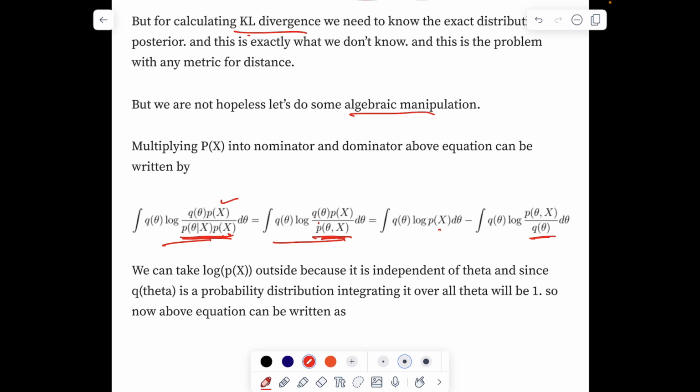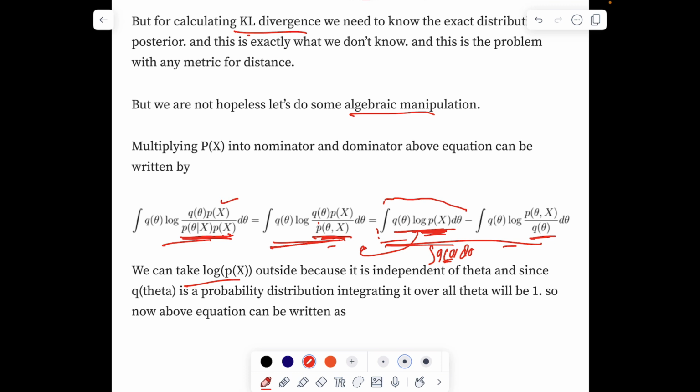Now look at this equation. Just by doing some manipulation, you will understand how we come from here to here. You can take log p(x) outside, because it is independent of theta, and then this becomes just the integral of q(theta) d theta. Note that q(theta) is a probability distribution, so integrating over all possible theta gives 1.